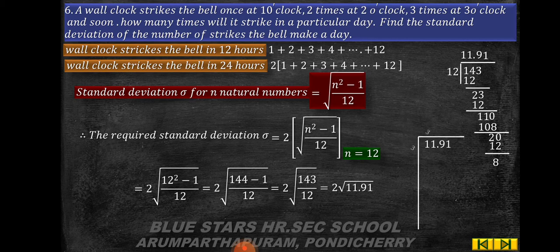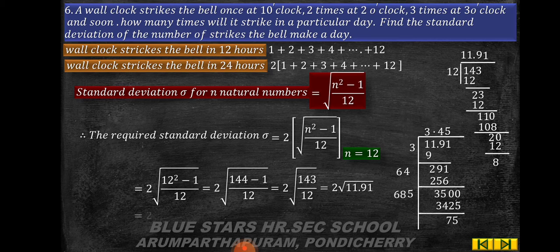So 3 3s are 9. The remainder is 2. Then 3 2s are 6. Put the decimal, step down the 2 digits. 64 into 4 you get 256. Then the remainder is 35. 34 into 2 is 68. Then 685 into 5 you get 3425.